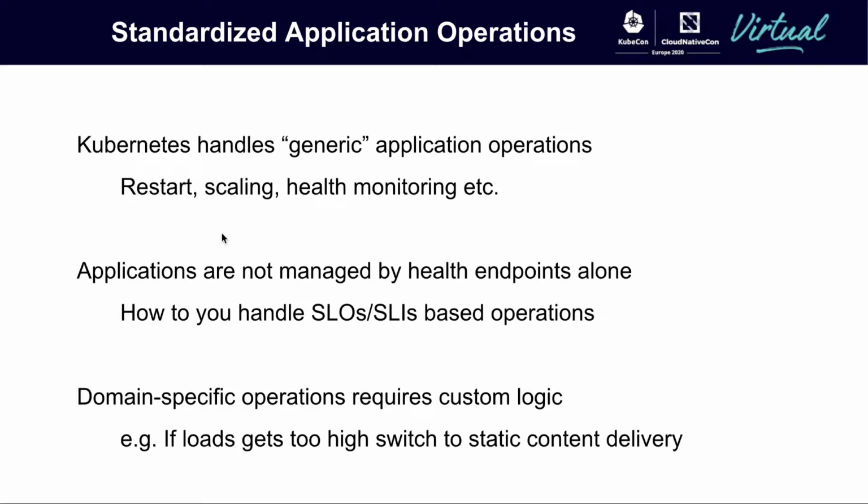But applications are managed not just on these health endpoints. Usually you have SLIs and SLOs that you use for your operations tasks to ensure that the application is running properly, that go way beyond it's just there or it's working. And there are also domain-specific operations that you're running that require custom logic. Like if your load gets too high, you want to switch to static content delivery versus calculating things at runtime.